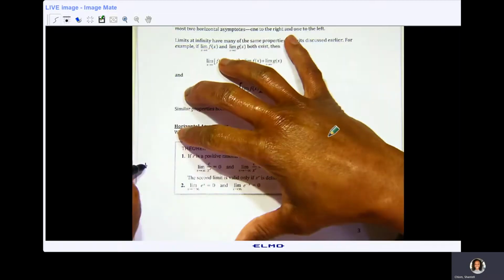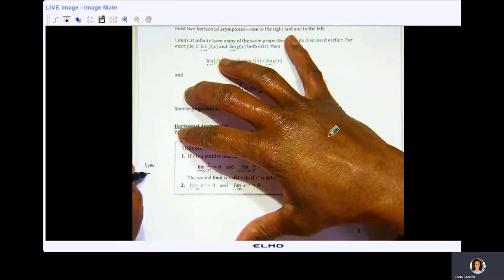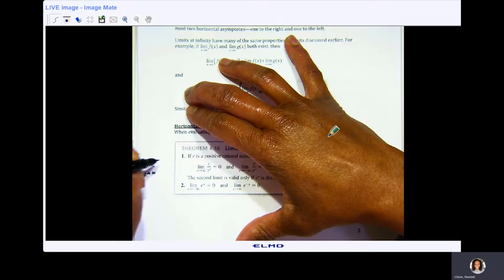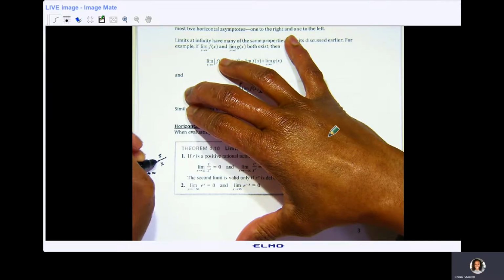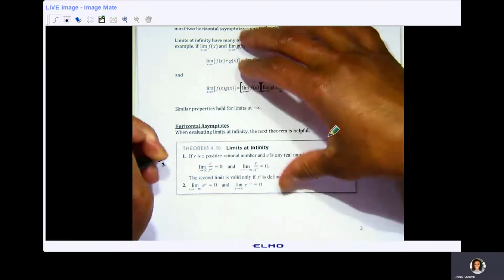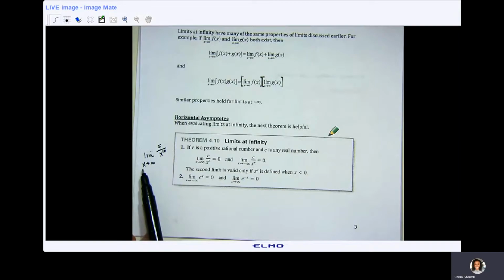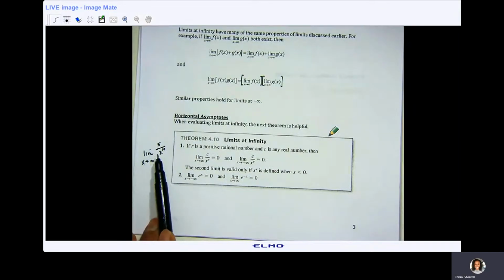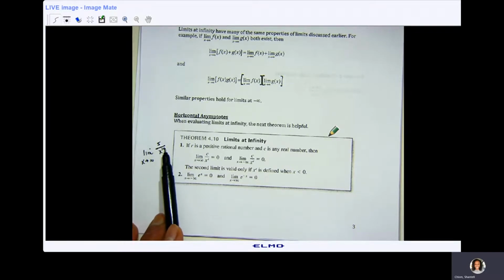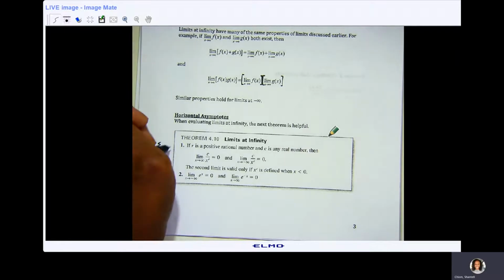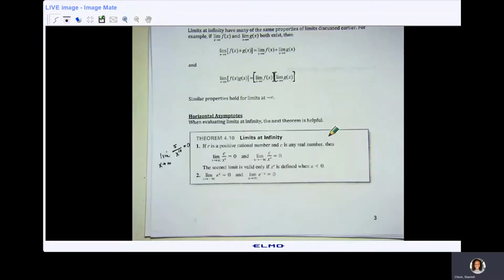So, for example, if you had the limit as x approaches infinity of, let's say, 5 over x to the 10th. Think about it. As x gets bigger, this gets exponentially bigger because this is x to the 10th power. So if you're dividing 5 by some exponentially large number, this limit will approach 0.